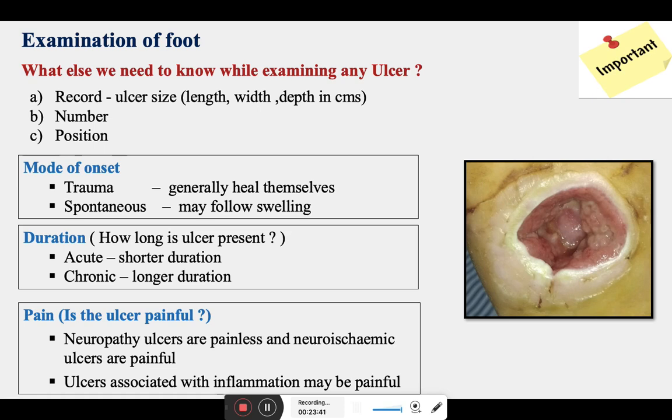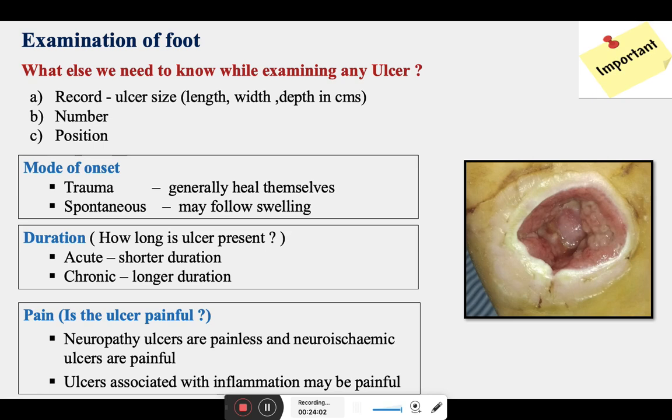Mode of onset, any history of trauma, as I already said. These ulcers generally heal themselves, provided the patient is not having pressure ulceration at that point, or proper offloading has been given. But these are the things we will discuss in our follow-up lectures.